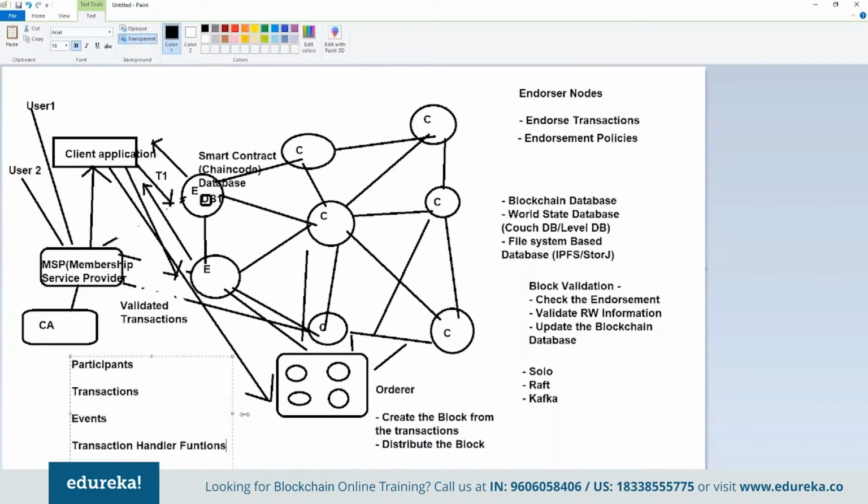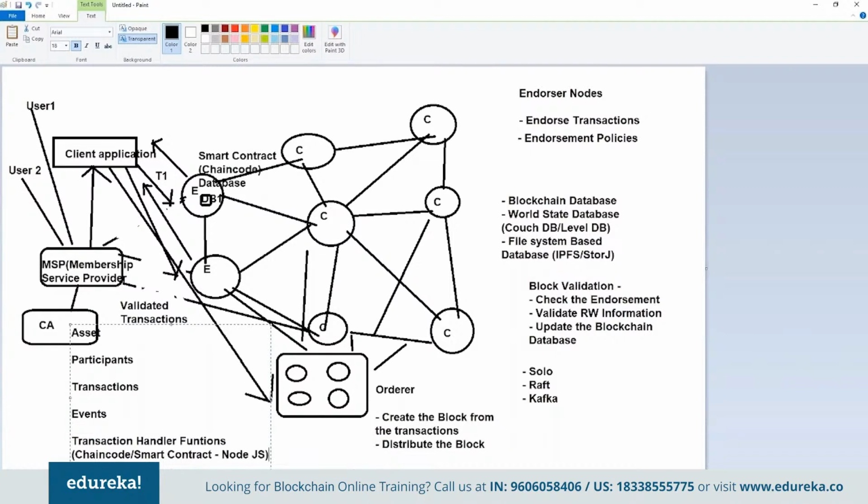Now these transaction handler functions are basically your chain code or your smart contract, and they are primarily written in Node.js. But the good thing about Hyperledger is it gives you SDKs in almost all programming languages. People prefer to write it in Node.js because it is simple to do so.